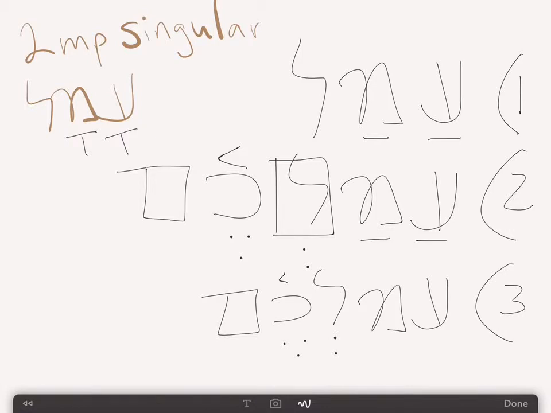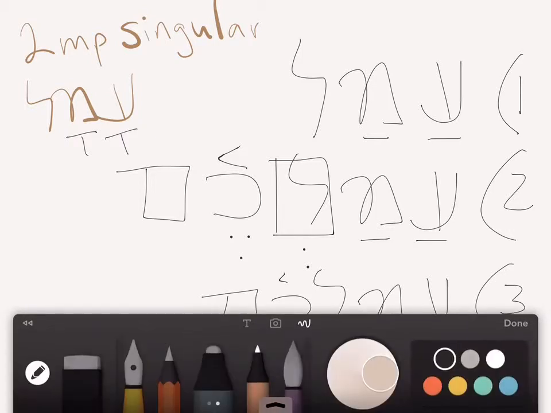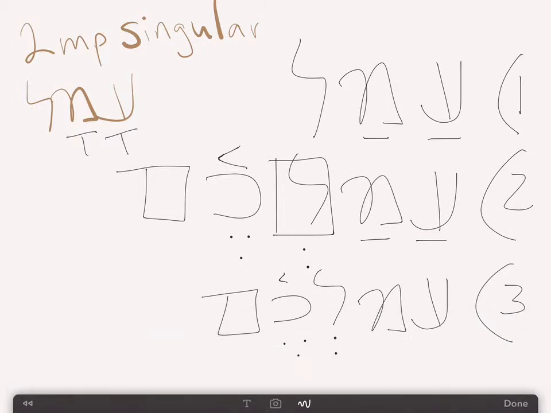Now, here's the trick. We're going to treat this schwa as if it were silent. Let me change colors real quick so you can see what I'm doing. So that means we're going to make a cut here, syllable division. Find the next vowel, find its consonant, and make the next cut. So there are our 2 syllable divisions. In this word, we have 1, 2, 3 vowels, so we end up with 3 syllables.